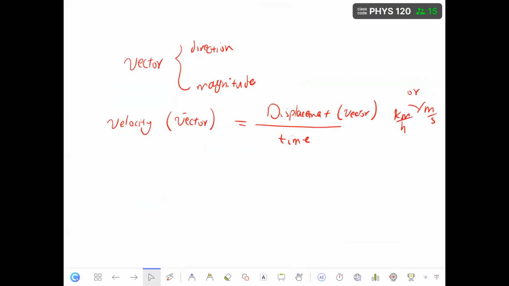Okay, let me just talk about the vector. First, what does it mean when we say we have a vector? You all know a coordinate system. Because we are analyzing motion in one dimension, we will be using a one-dimensional coordinate system. What is the coordinate system?